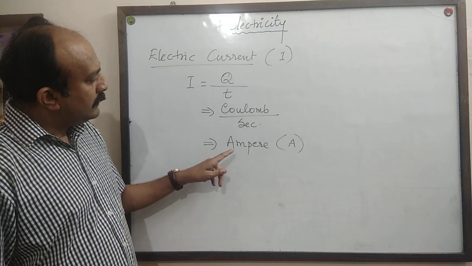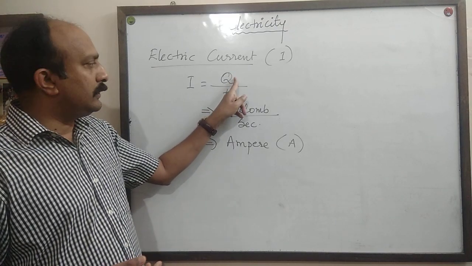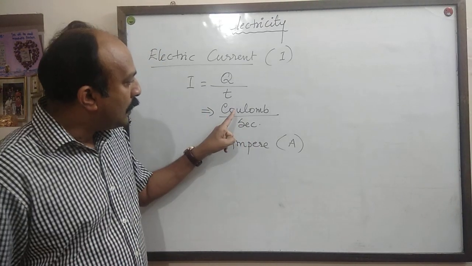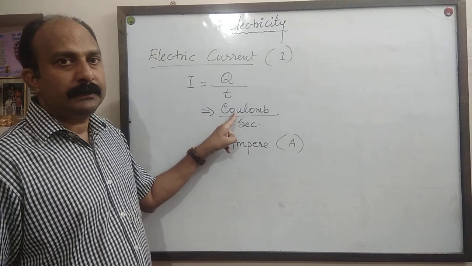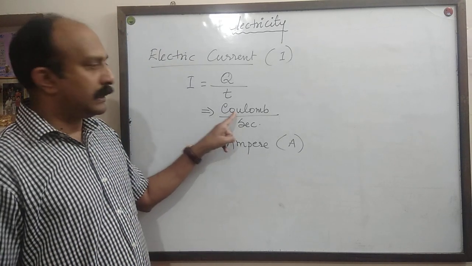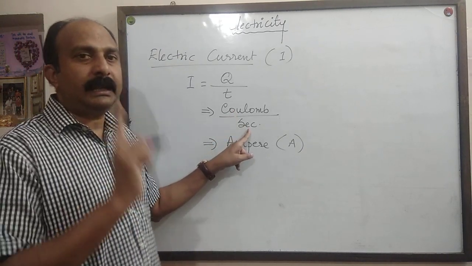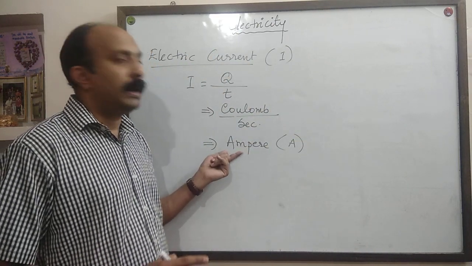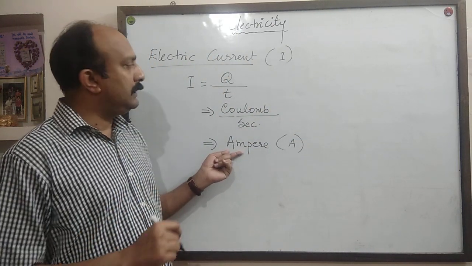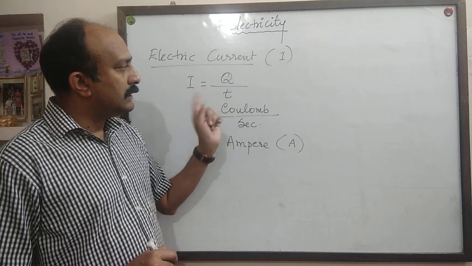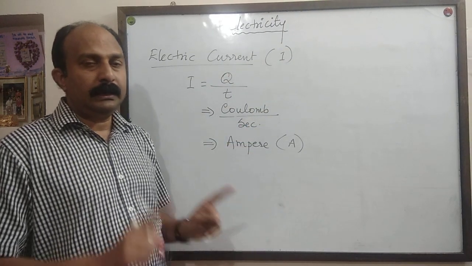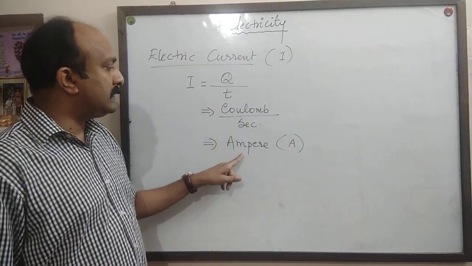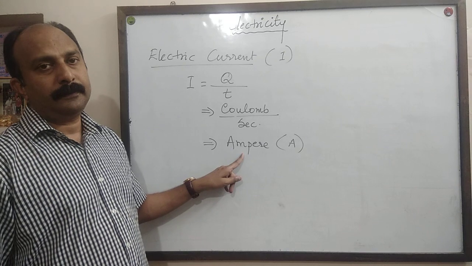When 1 coulomb of charge is flowing in a circuit for 1 second time, the electric current in that circuit is said to be 1 ampere.